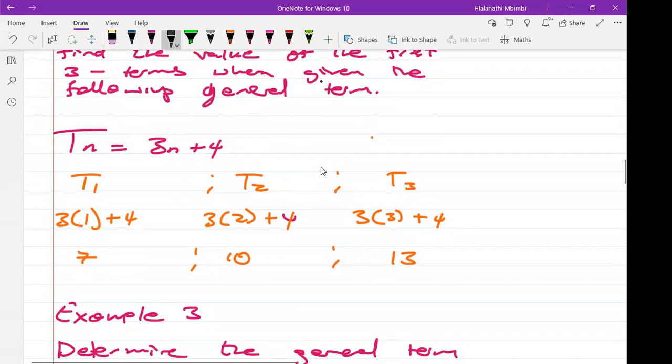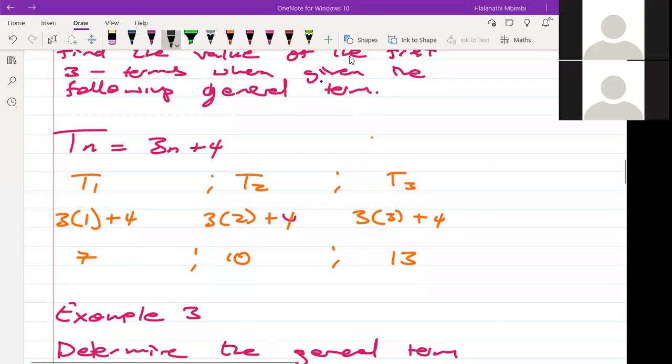I'm not doing that now because it doesn't matter what sequence it is, geometric or not. This skill is something that won't go away. It's like being given any function and being asked what x1, x2, x3 are.